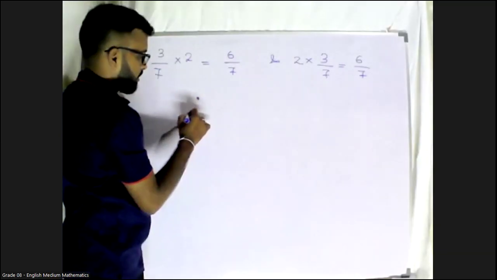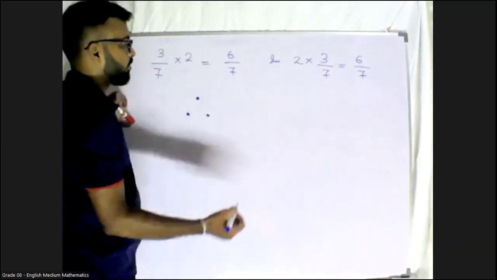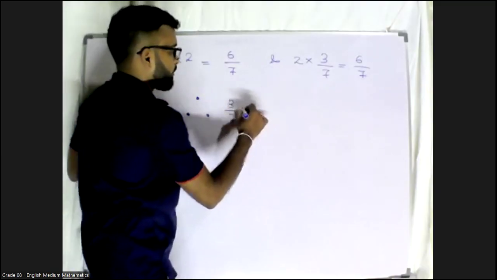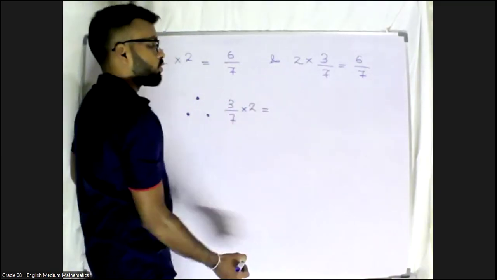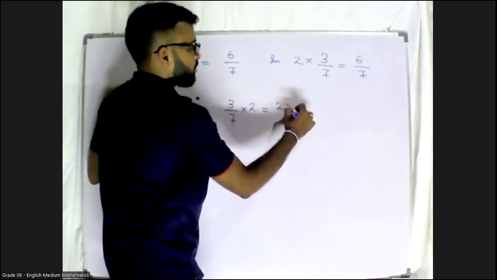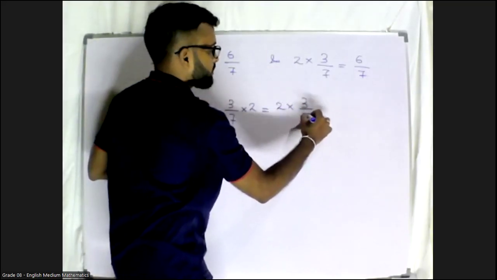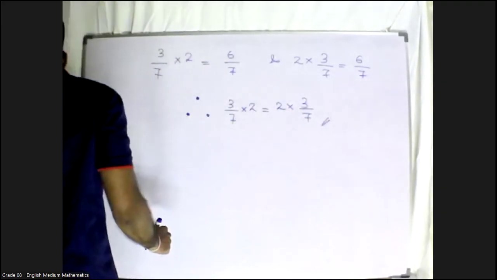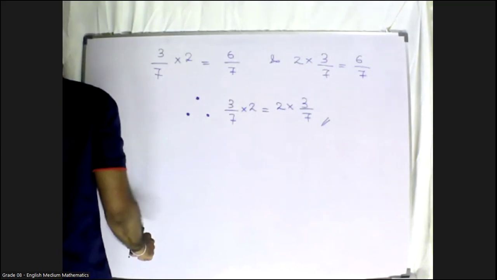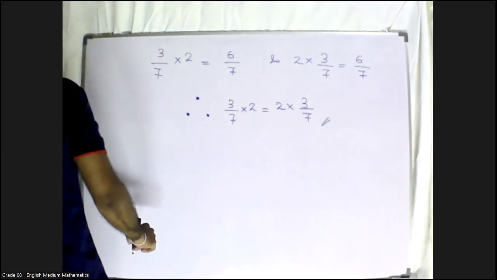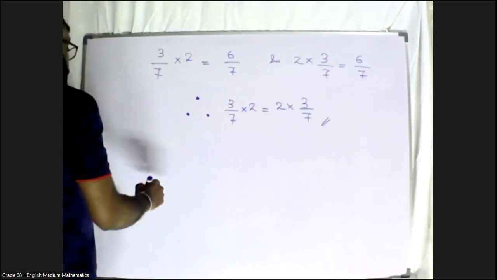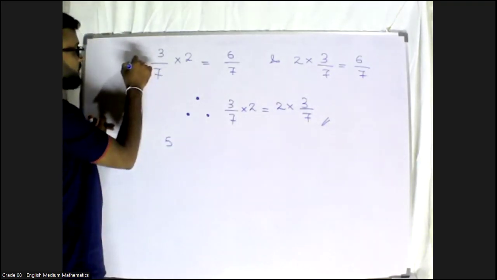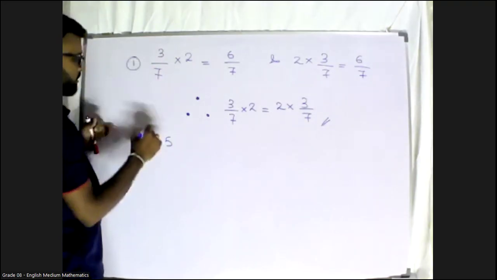Therefore, 3/7 multiplied by 2 equal to 2 multiplied by 3/7. And this is, let's say, 1, this is 2.